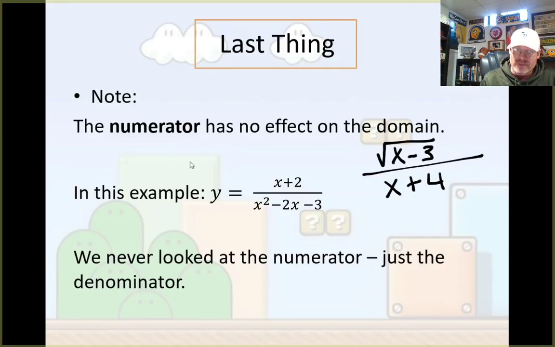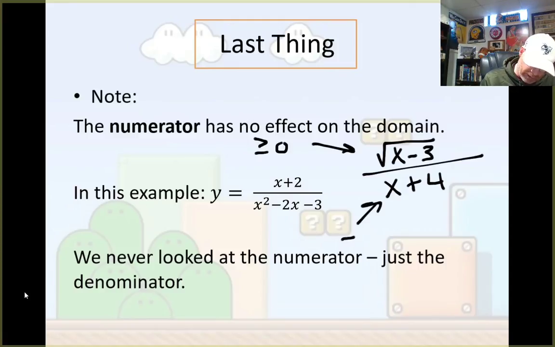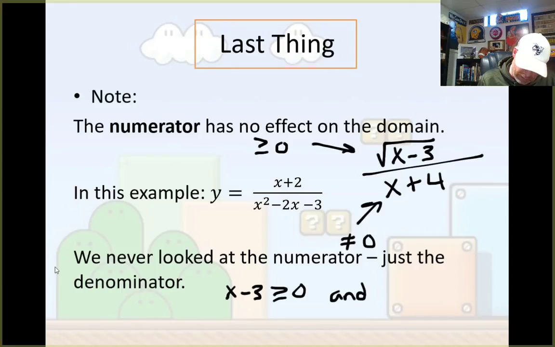All right, then you have two things to worry about. Your radicand has to be greater than or equal to 0, and your denominator cannot equal 0. So you have to do both of them. So I would take x minus 3 has to be greater than or equal to 0, and x plus 4 cannot equal 0.